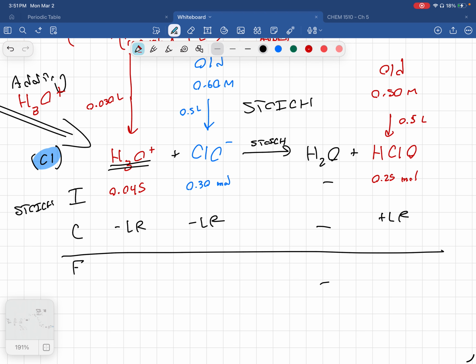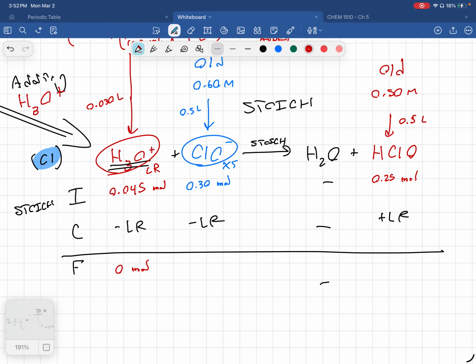So again here, we can see that this guy is the limiting reactant, meaning this guy is in excess. And so when we subtract that, this drops to 0 because the limiting reactant goes away first. Now we subtract that limiting reactant amount, 0.045, from our initial amount of ClO minus, because that's going to react.